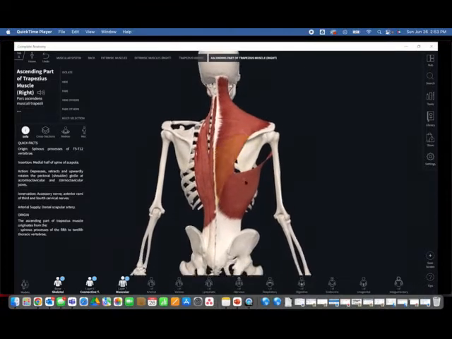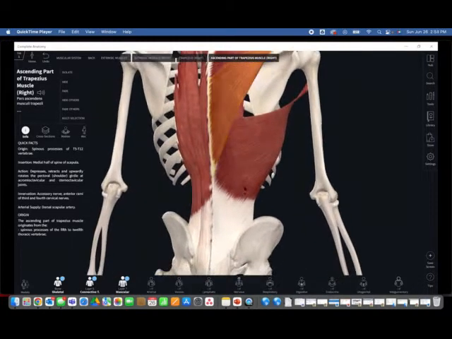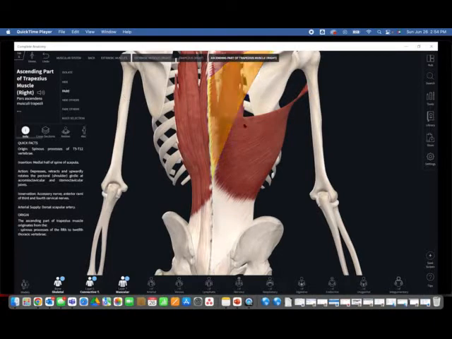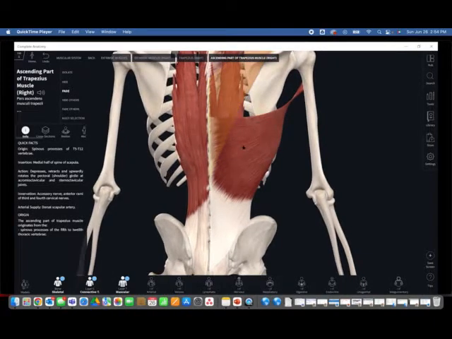On the Latissimus, and let me zoom in a little bit here. For the origin of the Latissimus, it's going to be the spinous process of T7 to T12 and then L1 down to L5. Actually, let me hide or fade the traps. So again, similar to the trapezius, really broad muscle.